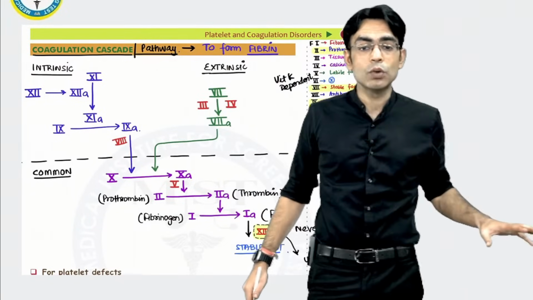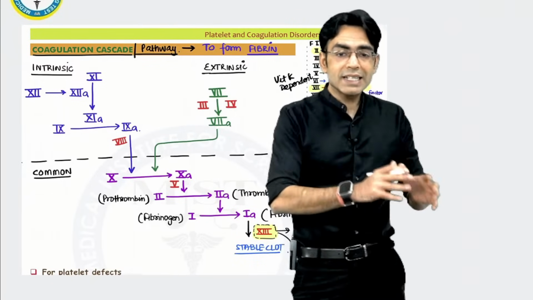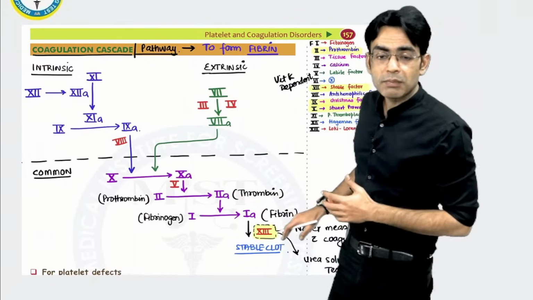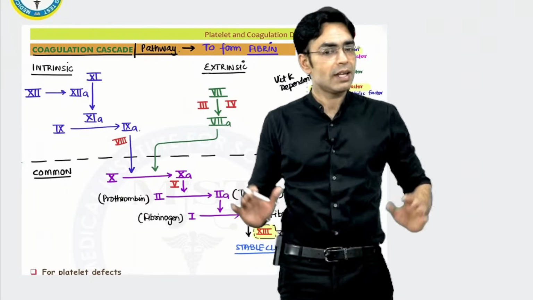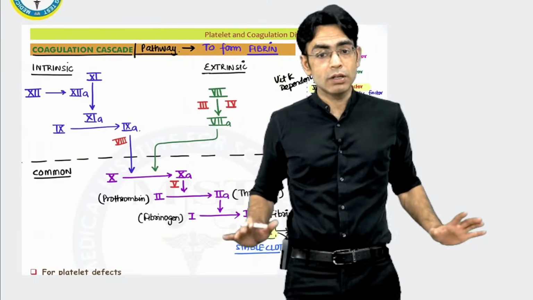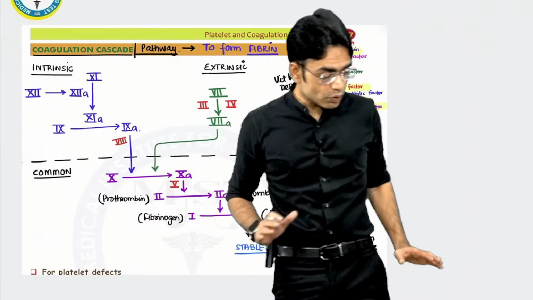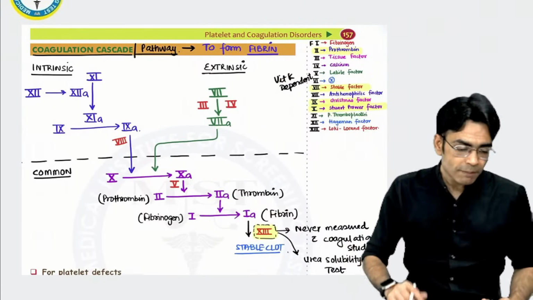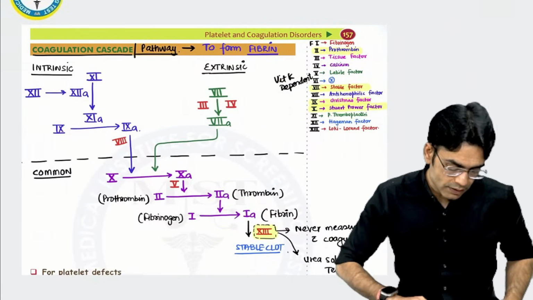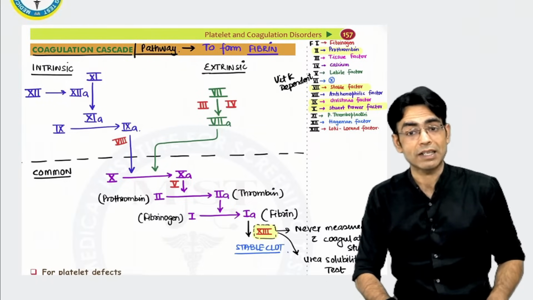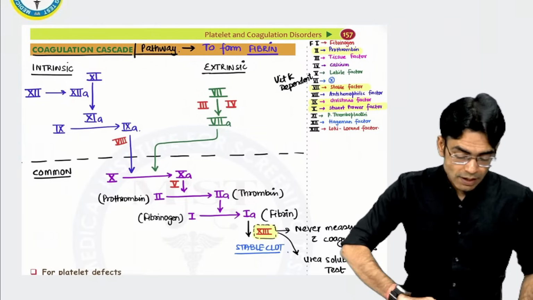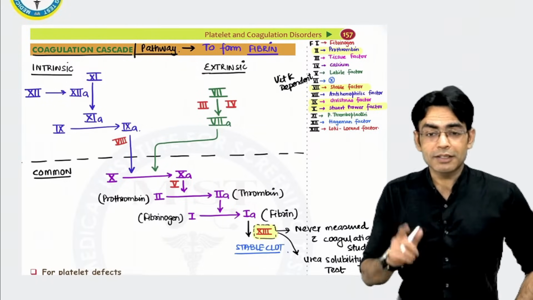You analyze factor number 13 by doing a urea solubility test. It is never measured by PT or APTT. So for 13, it is the urea solubility test.